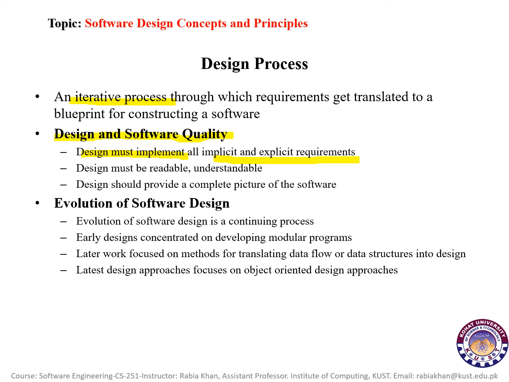So the first design principle for quality states the design must implement all the explicit requirements contained within the analysis model, and it must accommodate all the implicit requirements desired by the customer. So both the implicit and explicit requirements must be depicted within your design.